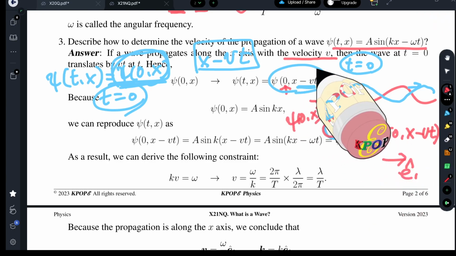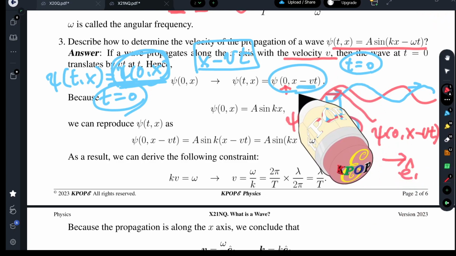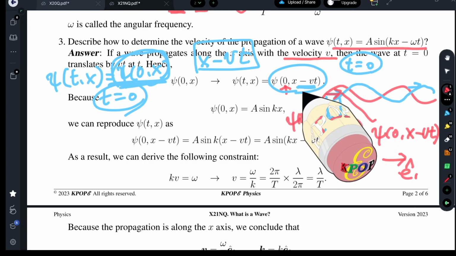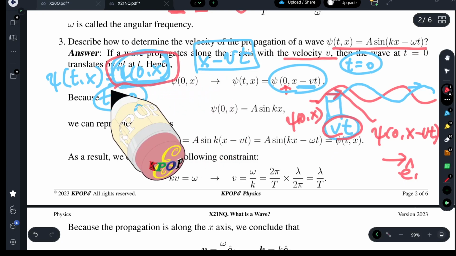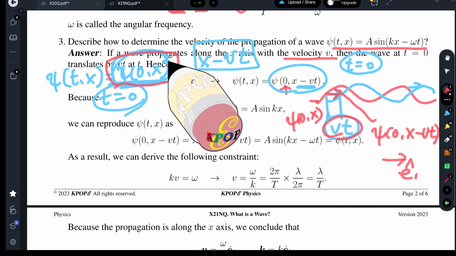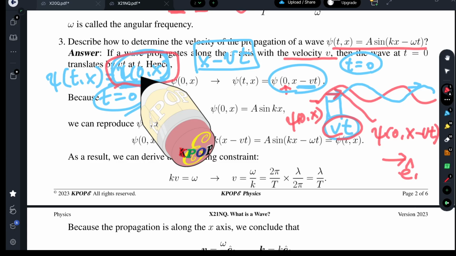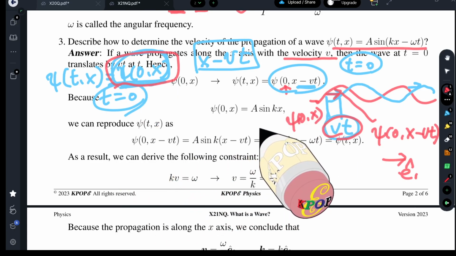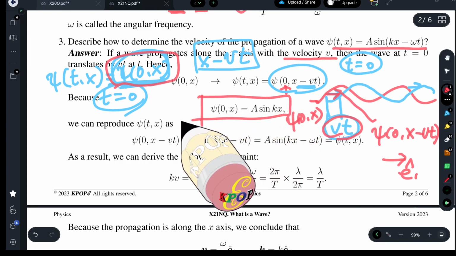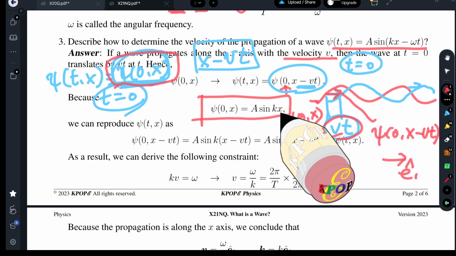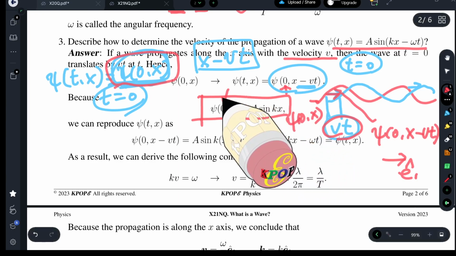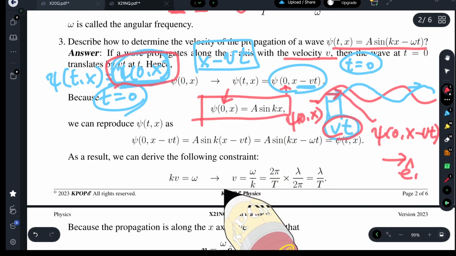So this is a way to describe the wave by making use of the distribution of the fluctuation of the wave at a certain fixed time. We think about this distribution of fluctuation in x space only at a fixed time t equals 0.